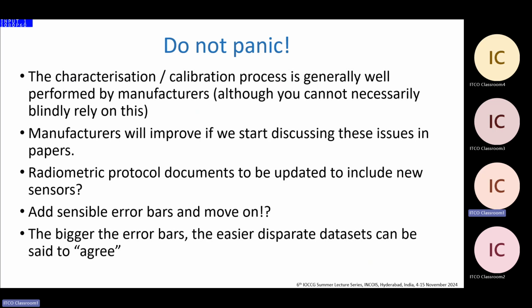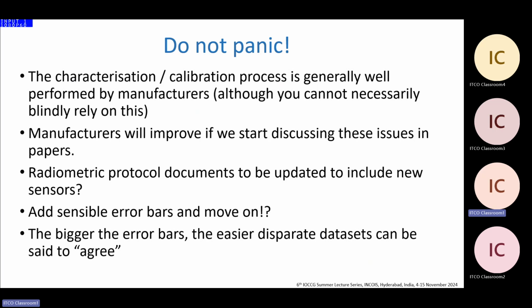And radiometric protocol documents are to be updated to include new sensors? That's with a question mark. I'm not exactly sure what I want to say with this, by the way. Okay, well, let's forget about this. Add sensible error bars on the instrument and move on.